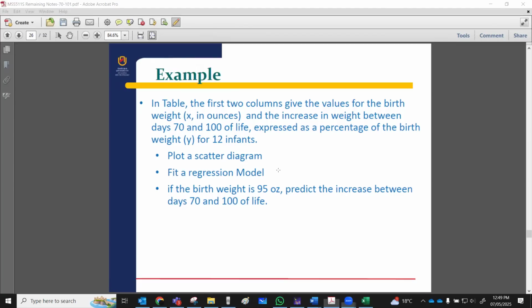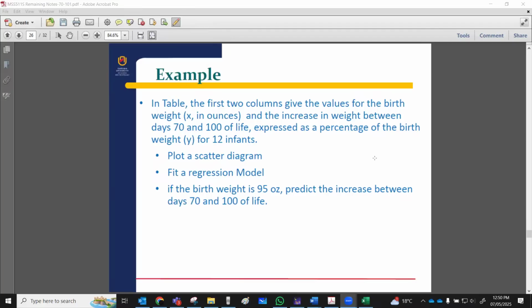Now, since it doesn't give us specifically at what value, remember X, okay, no. We want the birth weight, sorry, the birth weight is given as 95. So we write down our equation.